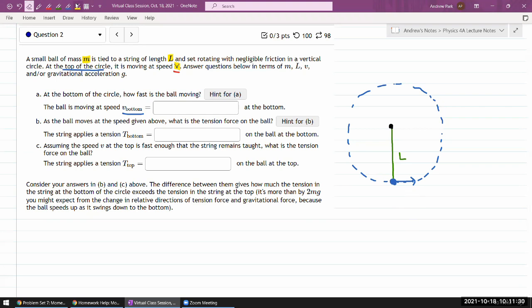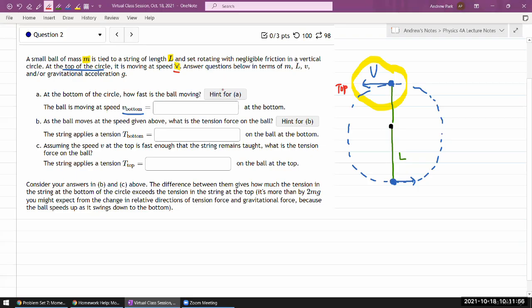The v that they gave us is for when the ball is at the top here. So this would be one of the snapshots that you have to pay attention to, and the speed v given is for this snapshot. Let me label this snapshot top.